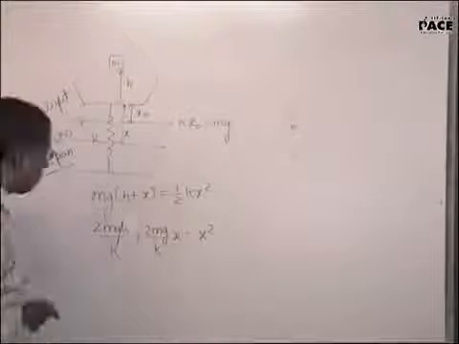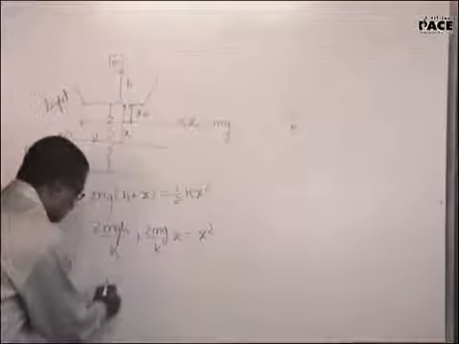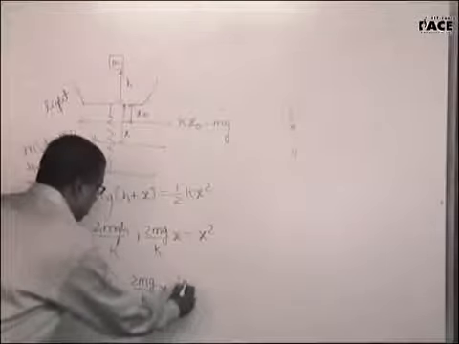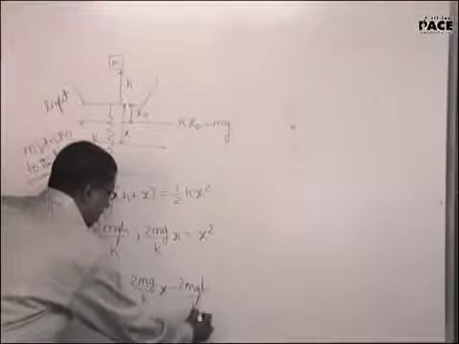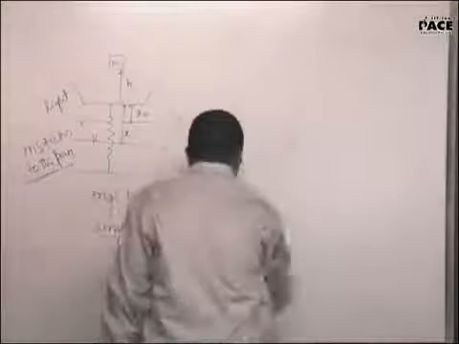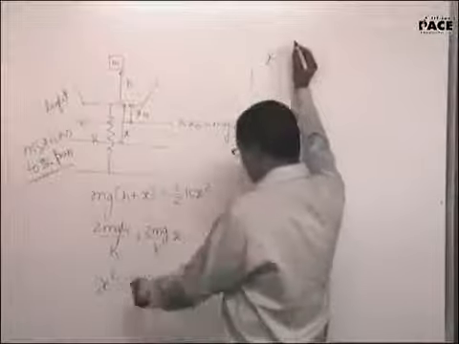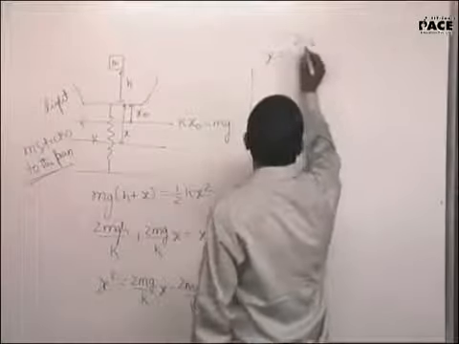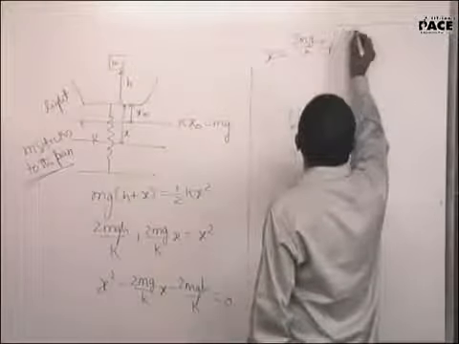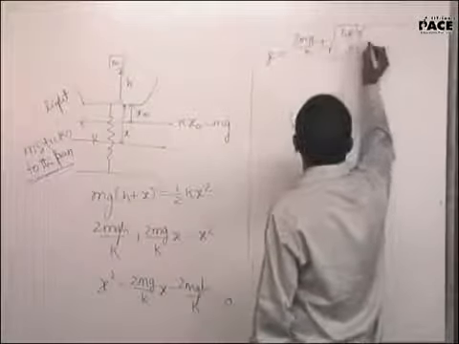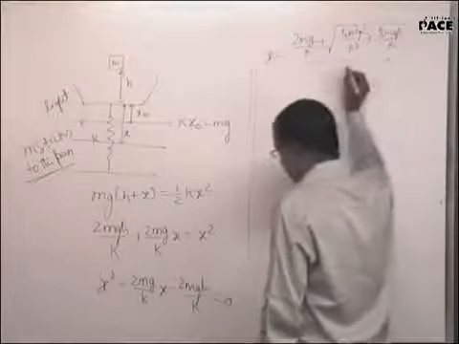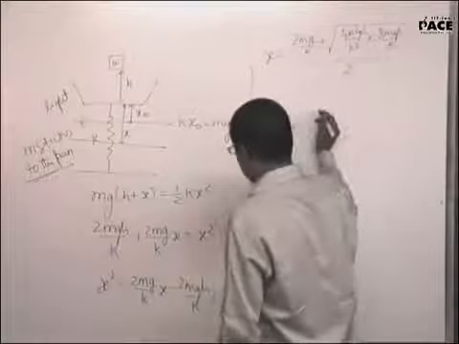Now this is a quadratic equation in x. x square minus 2mg by k into x minus 2mgh by k is equal to 0. Solution of this quadratic equation will be x is equal to minus b, that is 2mg by k, plus or minus root over of 4 m square g square by k square plus 8mgh by k, divided by 2.